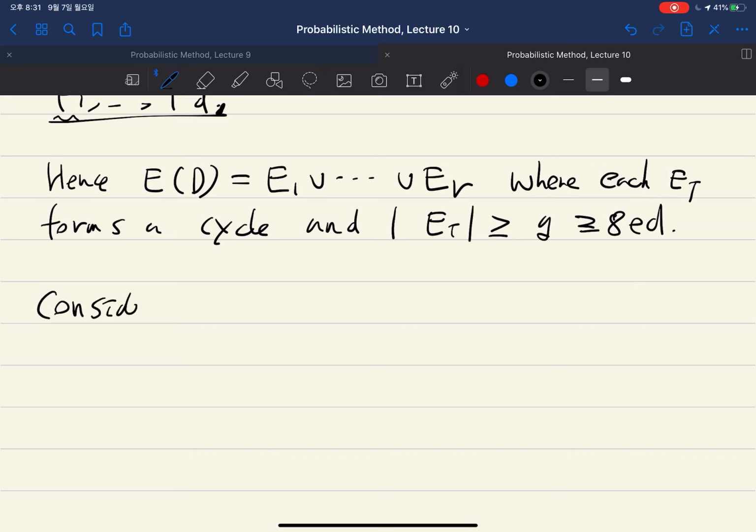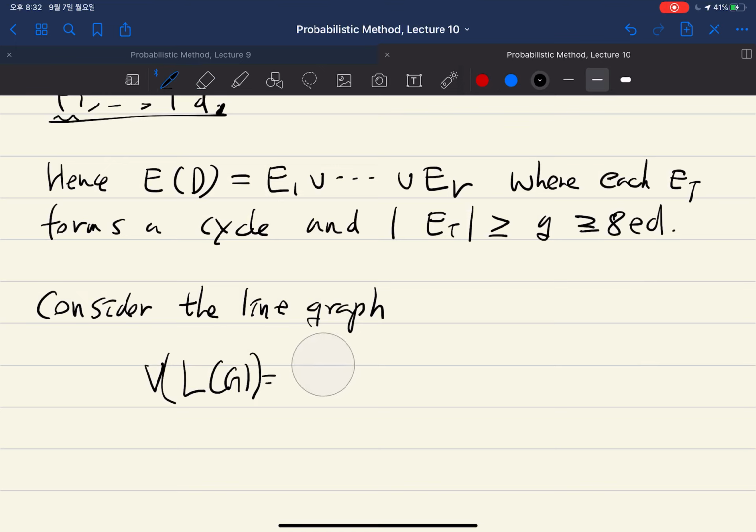And now we consider the line graph. So we all have learned what a line graph is in undergraduate graph theory. The vertex set of the line graph is the edge set of the original graph.